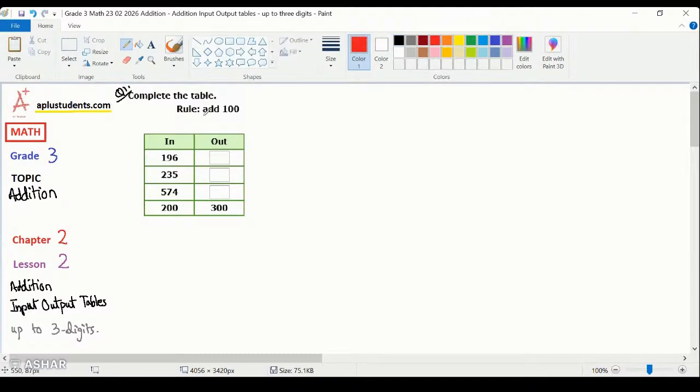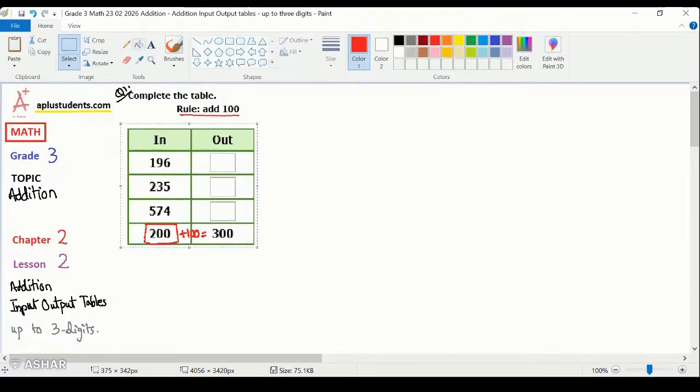That means if the given value is 200 plus 100, it becomes 300, right? Similarly, we have two more numbers over here. Those two numbers were 574 plus 100, right?